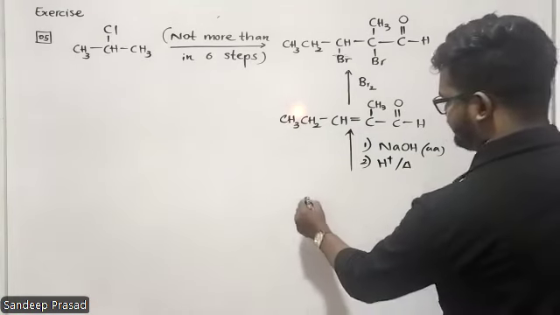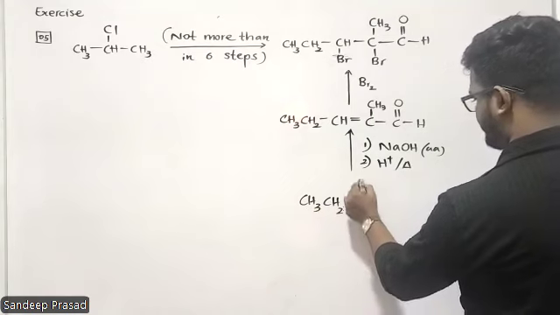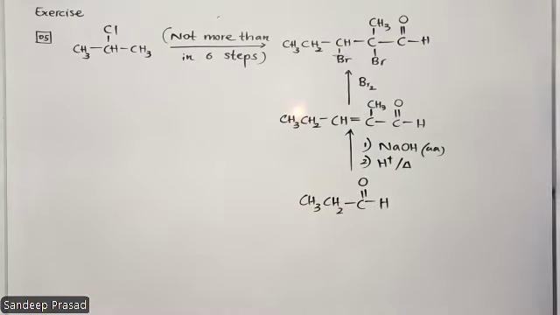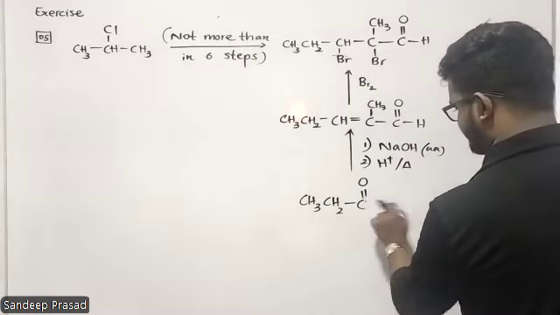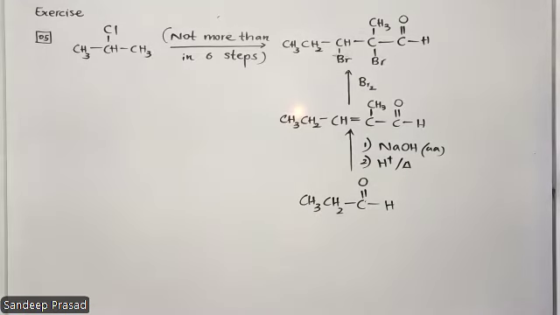I can say that the compound that they have used is CH3CH2 C double bond H. What do you say in this? So that means this is the aldehyde they have used, propanal. Okay, propanal.